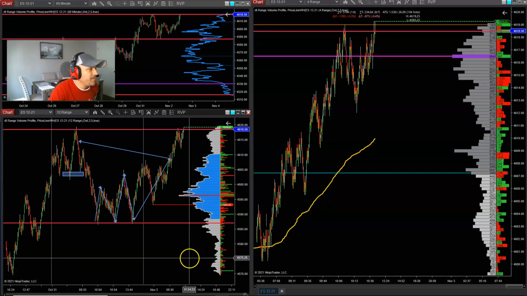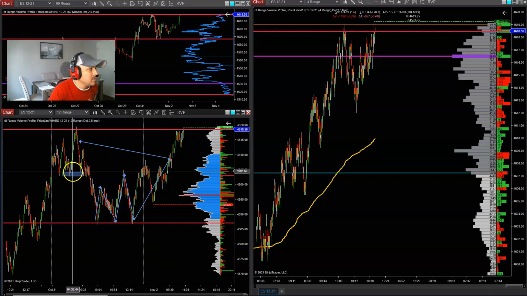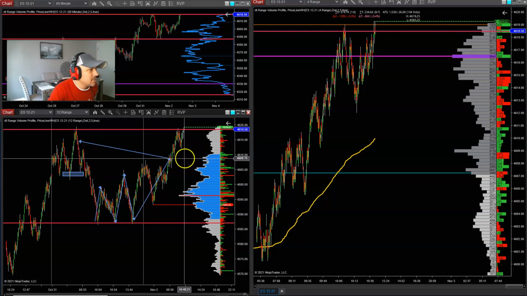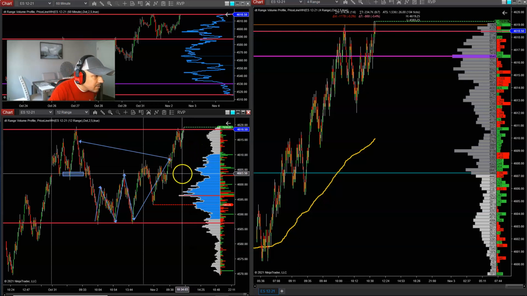It just depends. But at some point, they will turn the market around because there are some areas here that they actually need to come down and fill. Like right here, there's an area right here.